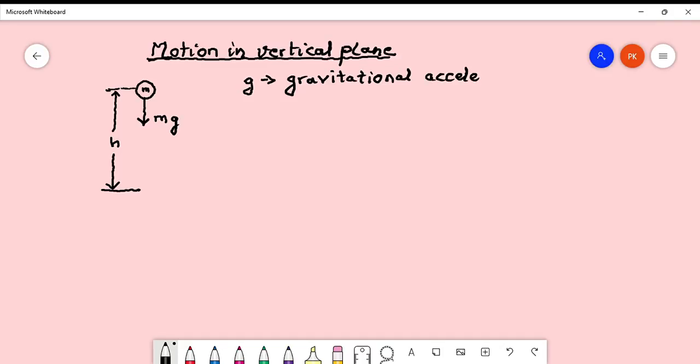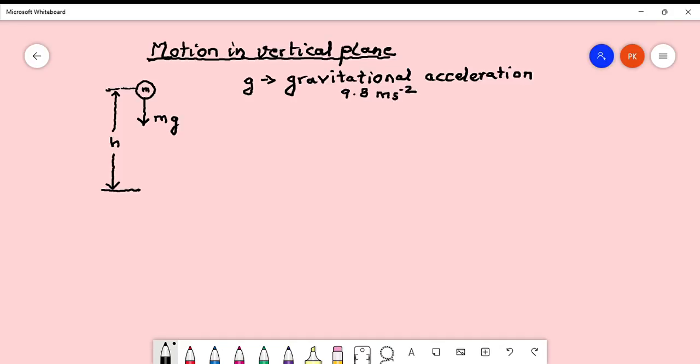Gravitational acceleration is also called the gravitational field strength, and on the surface of the earth we will take it as a constant, which is about 9.8 meter per second square.